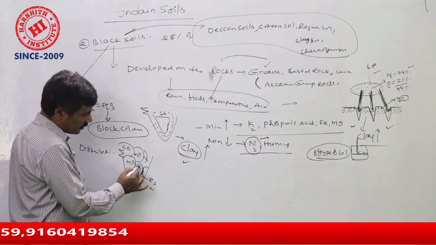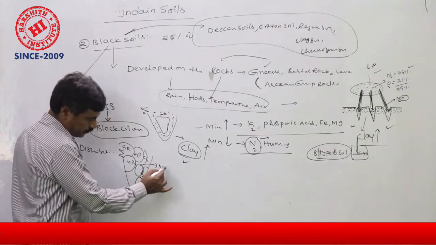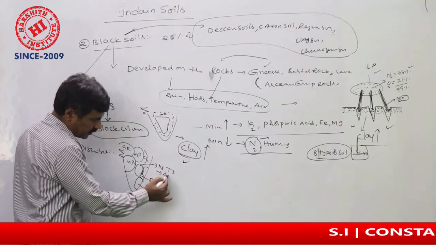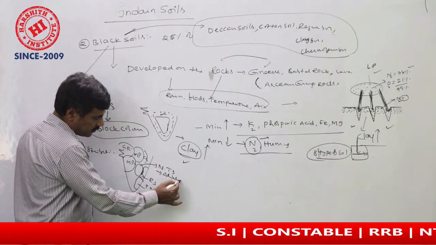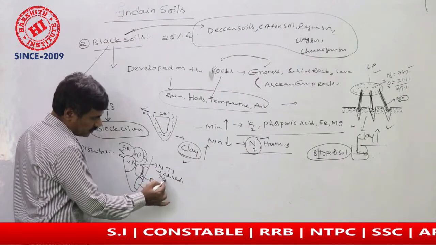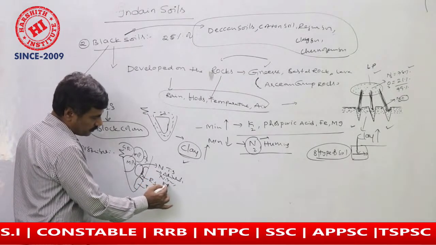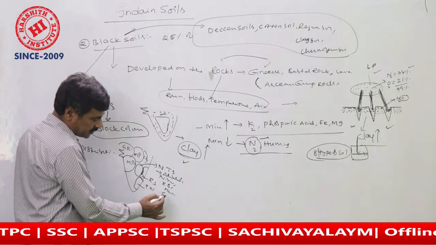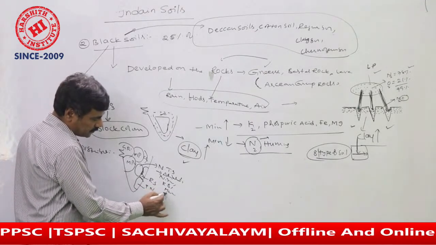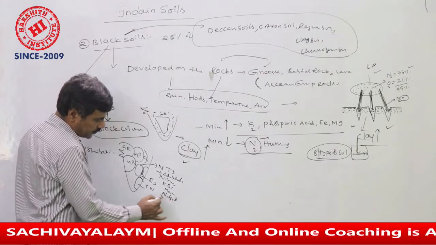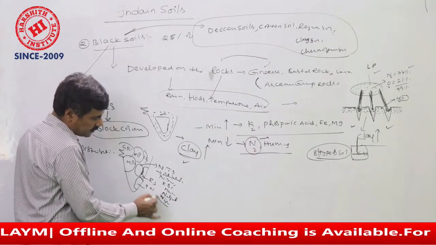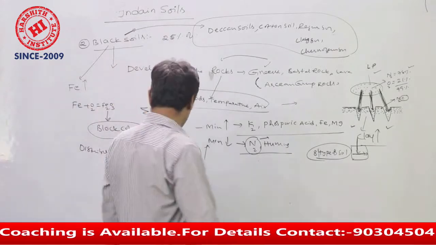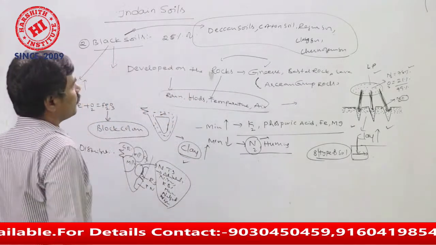In Telangana, in the north Telangana states, in Adilabad, Nirmal, Komaram Bheem, Mancherial. In South Telangana, Nalgonda, Nagarkurnool. These are the districts with the maximum percentage of black soil in Telangana.